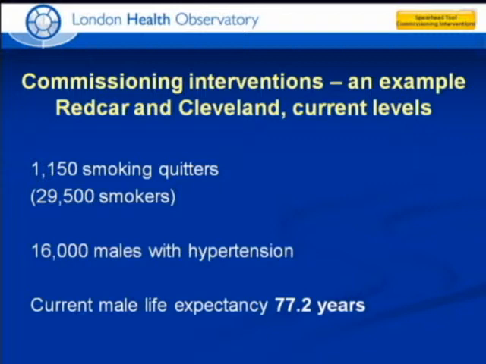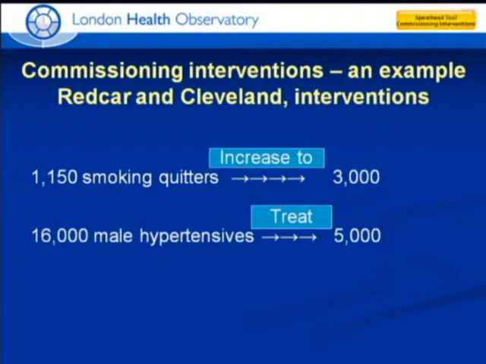So what you can do is go into the tool and say, what would happen if I increased smoking quitters to 3,000, and what would happen if I treated 5,000 of the men with hypertension? You enter these things in, and the tool will then tell you what would happen if those interventions were achieved.